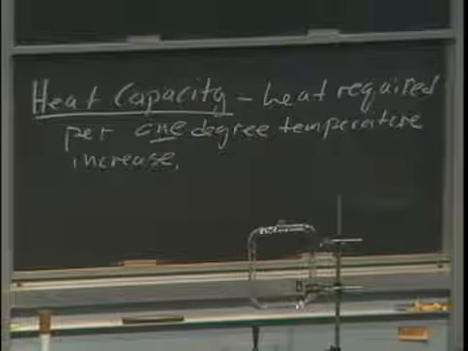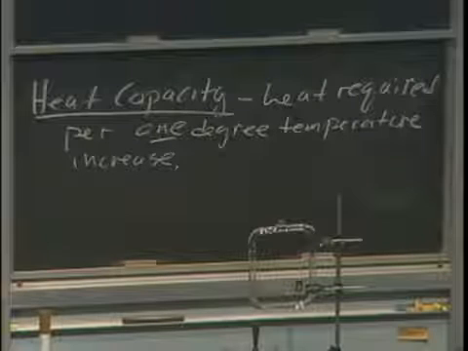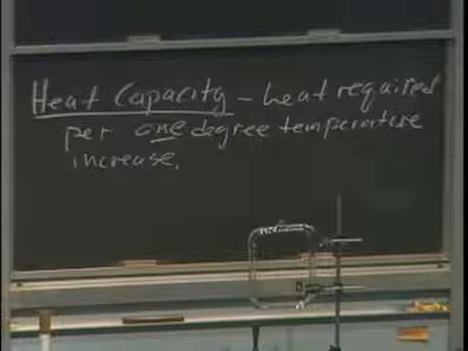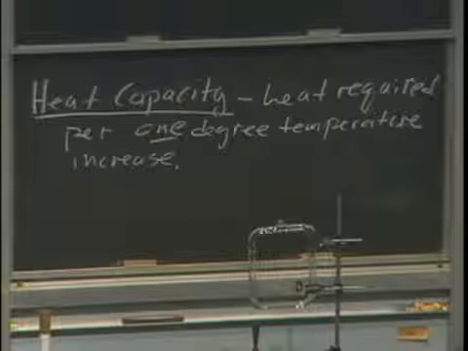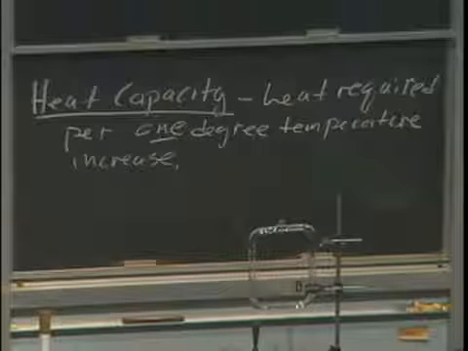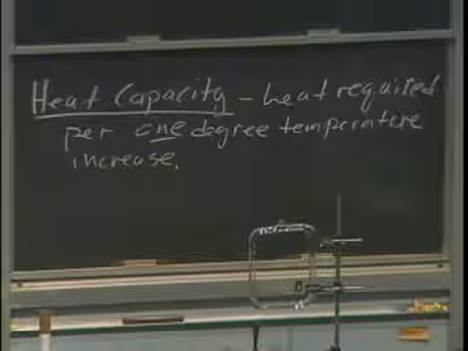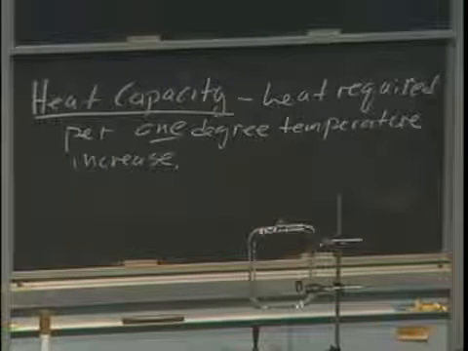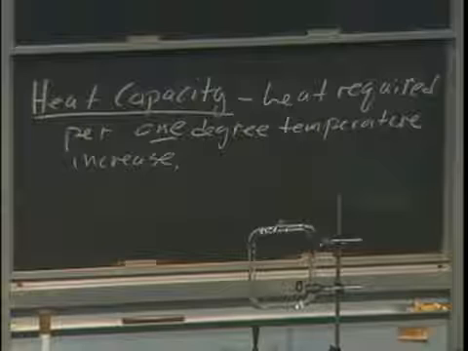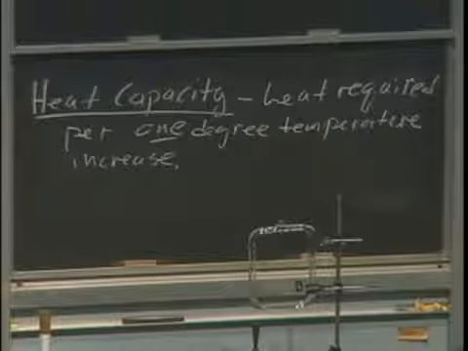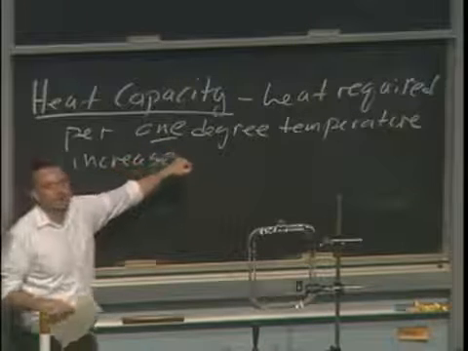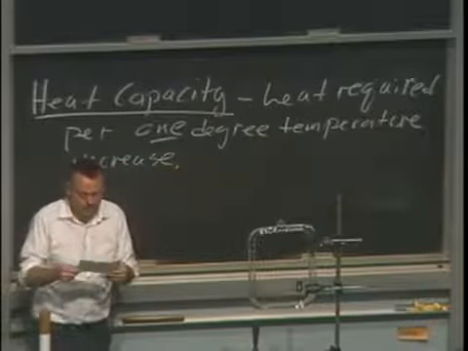So the amount of heat we have to transfer to the object in order to increase its temperature by 1 degree. And of course, if we keep adding heat to the object, it's going to keep increasing its temperature. We could keep adding heat indefinitely, and the temperature would keep going up. And so that's why we define the heat capacity as the heat required for each degree of temperature increase.